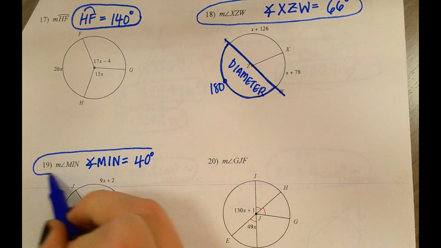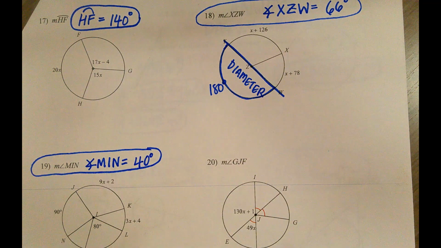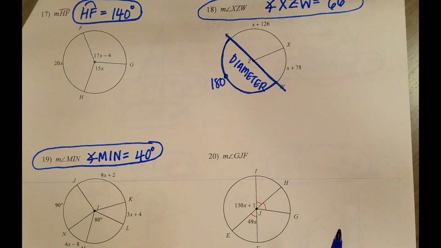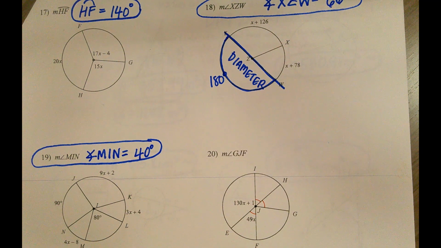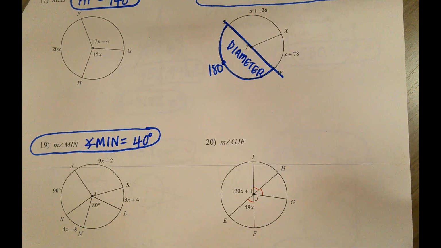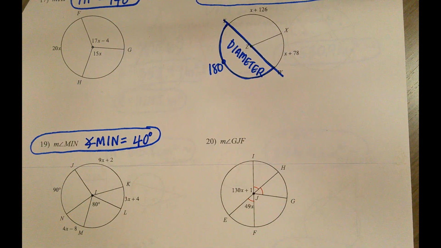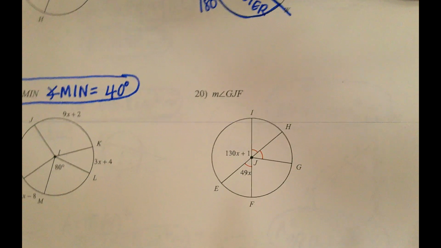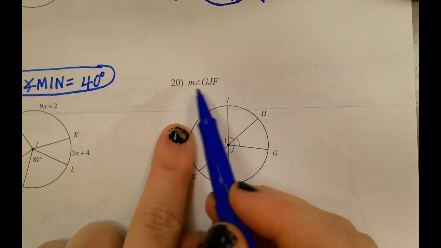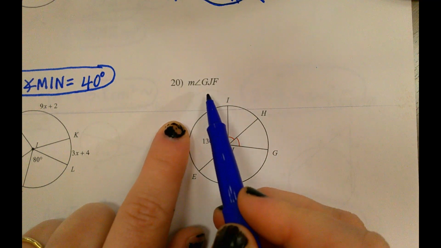And number 20, this one could be tricky. Number 20 is definitely a more difficult one because I have 3 angles that I do not know. So I think we should look at this one. For number 20, I'm looking for the measure of angle GJF.